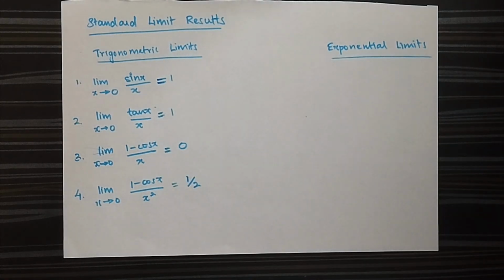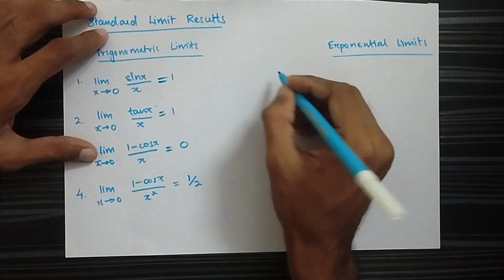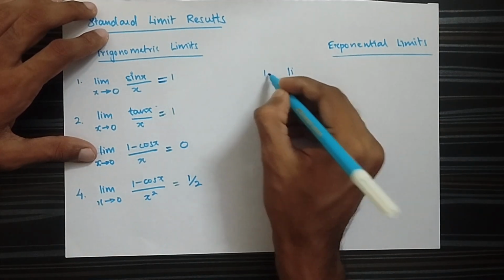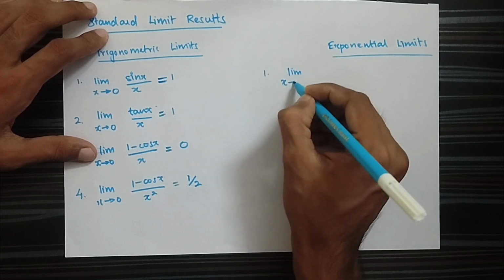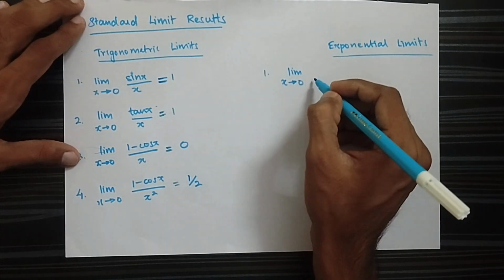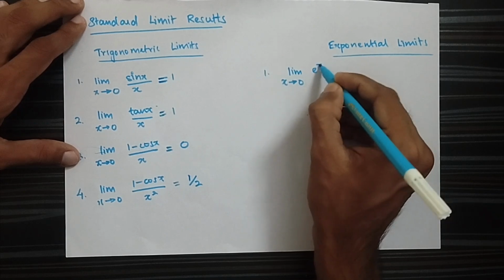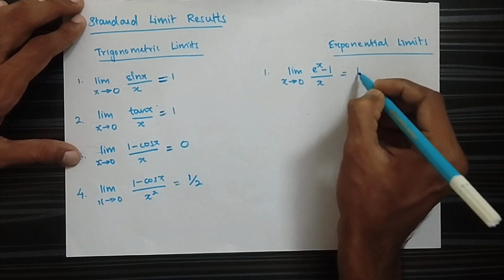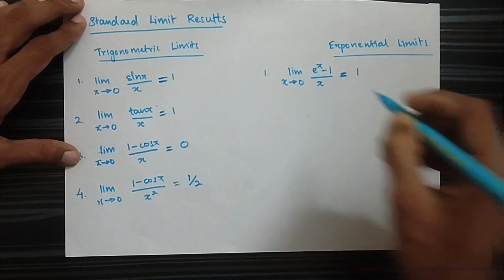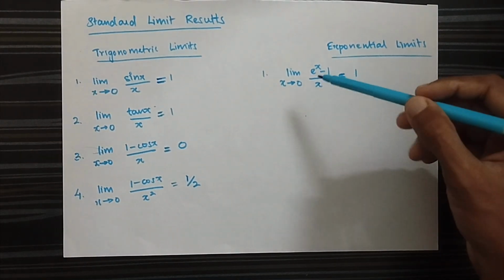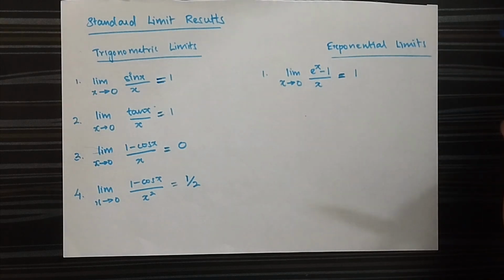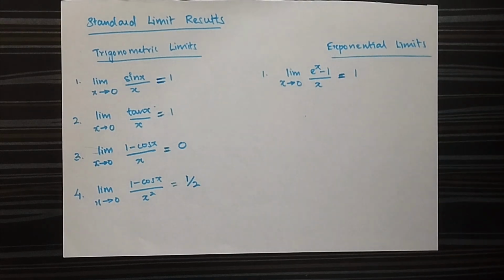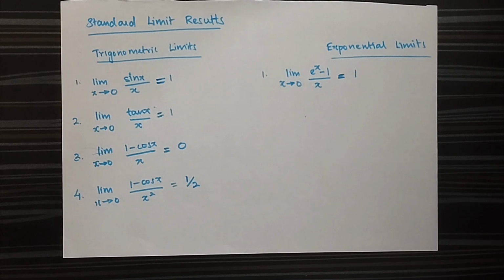Now the second set, exponential limits. The first one: limit x tends to 0 of e raised to x minus 1 divided by x is equal to 1. You may or may not have heard of e. e is called Euler's number, and it is almost equal to 2.71828, and so on.